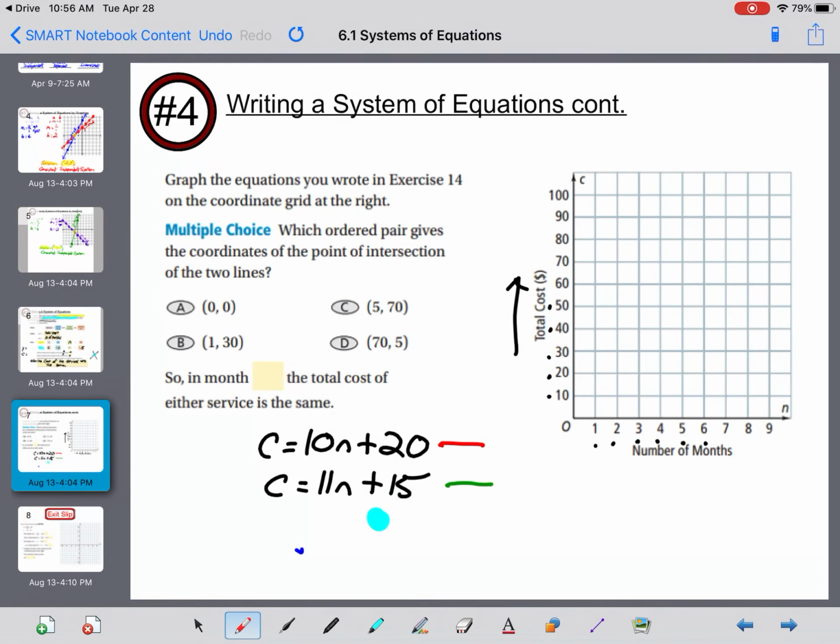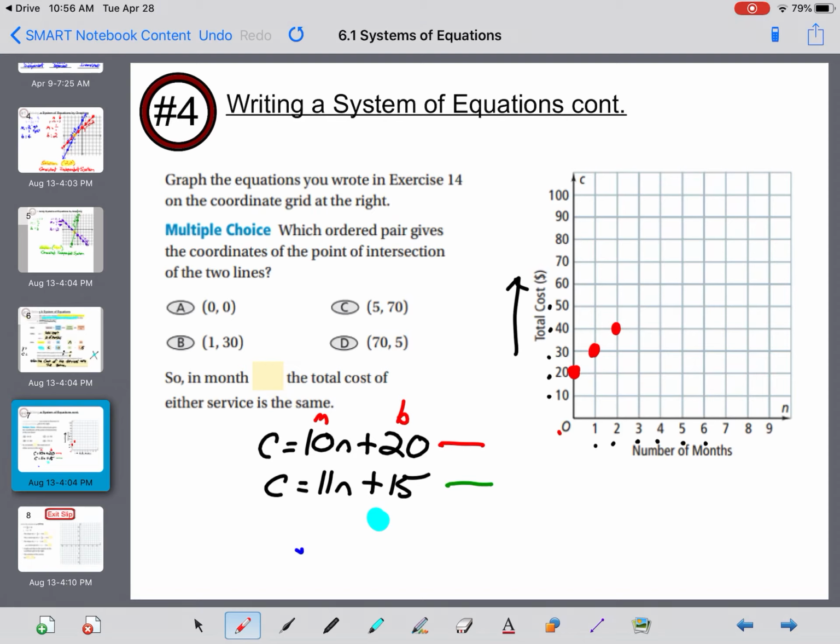So the first one, my m is 10 and my b is 20. So from the origin, which is the corner in the bottom left of this graph, I'm going to go up 20 and put a point. So there's our first point. My slope tells me to go up 10 over 1.